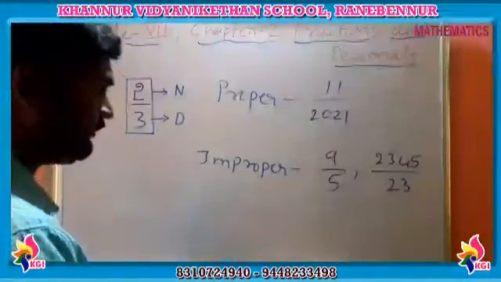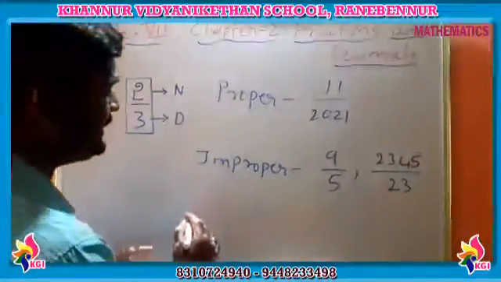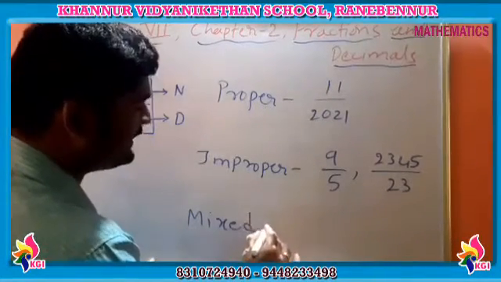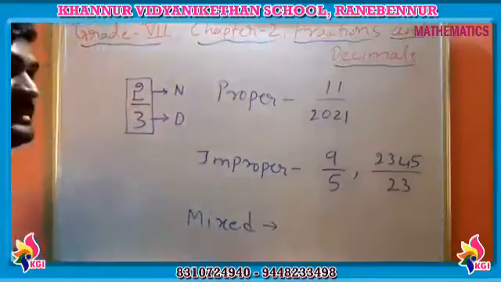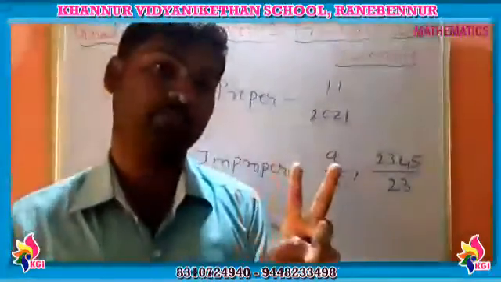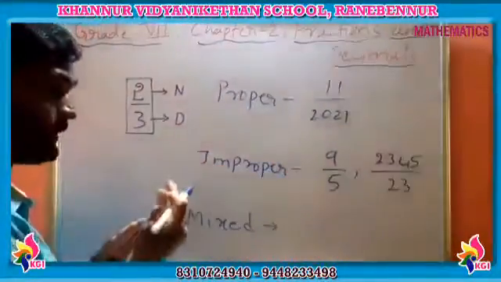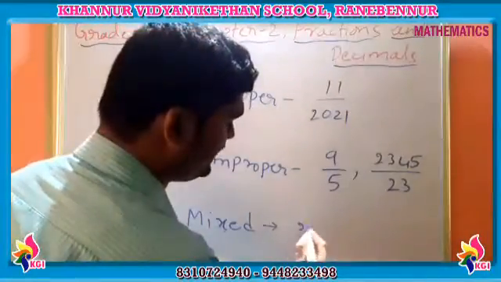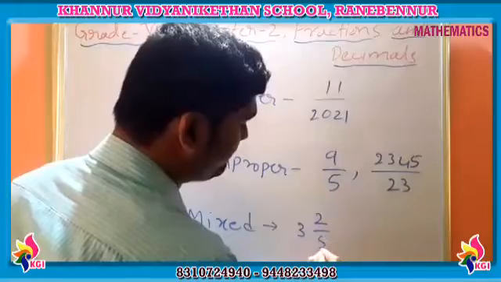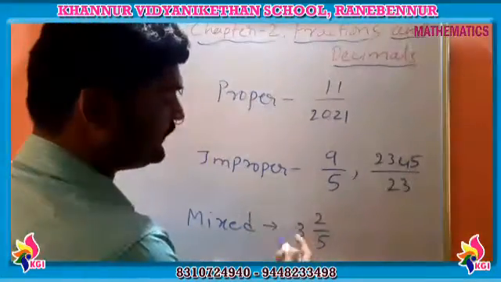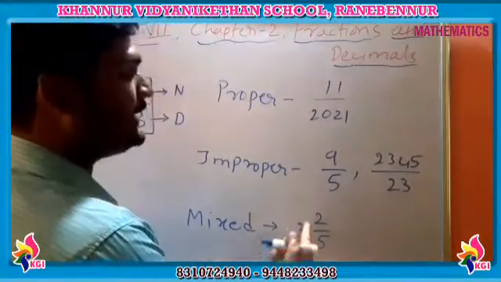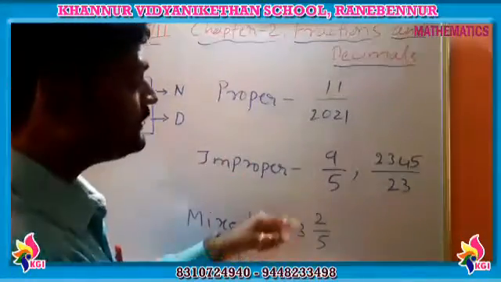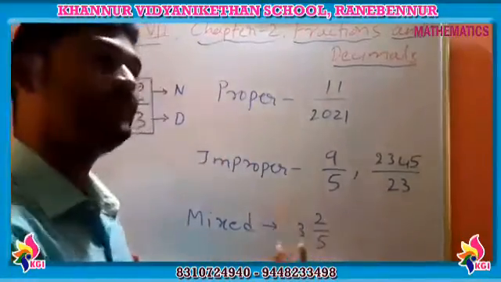Now one more type, that is the mixed fraction. The word itself says mixed, meaning two things are mixed: a whole number part and a fractional part. If I write 3 whole 2 divided by 5, this whole refers to the complete thing. 3 complete parts are there and this 2 by 5th part is present.